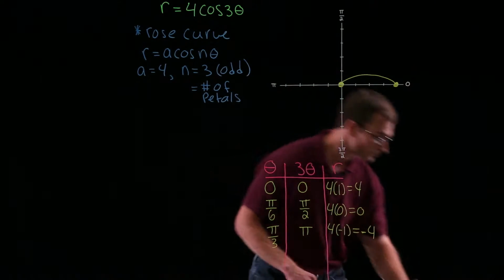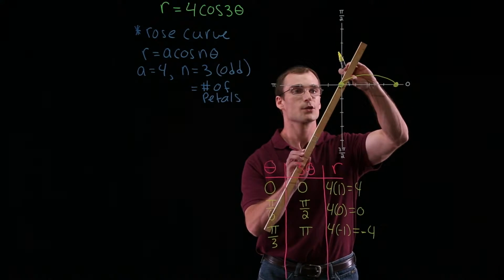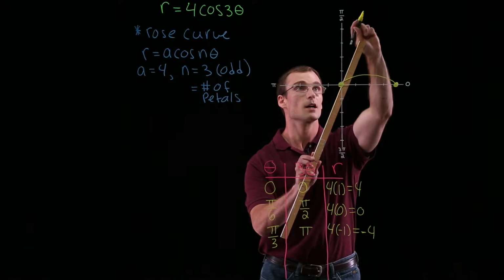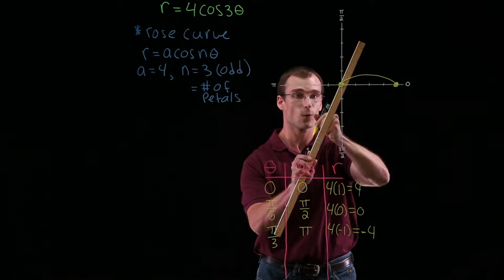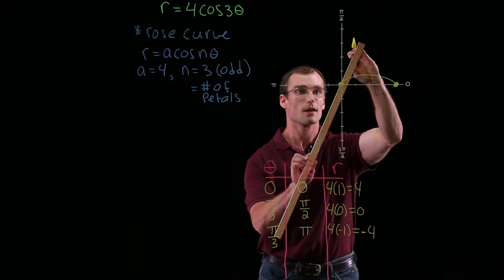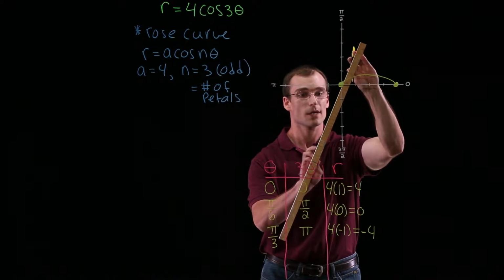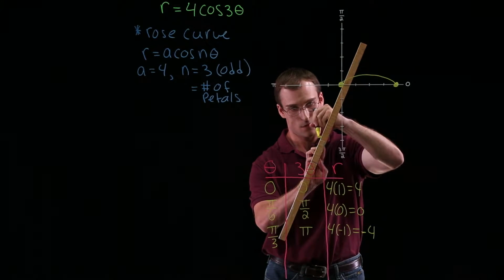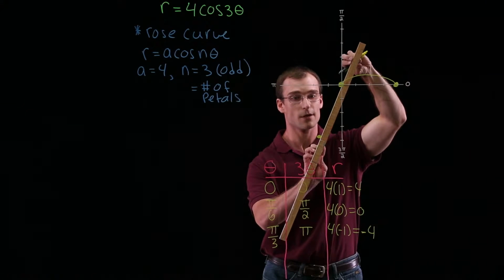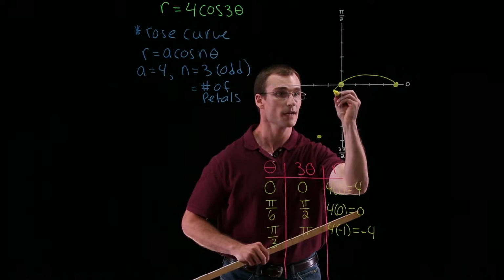So our angle pi over 3 is angling up in this direction, but our distance from the origin is -4. So we're going 4 backwards, in the opposite direction. Counting out 4, we have our point somewhere over here, developing our next petal.